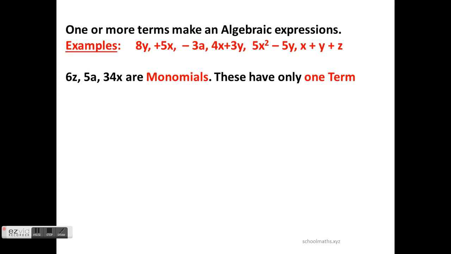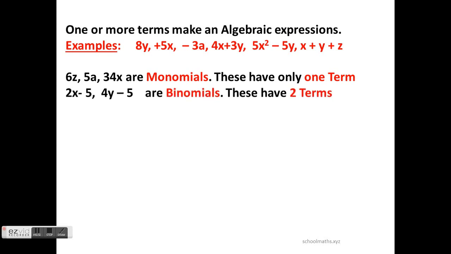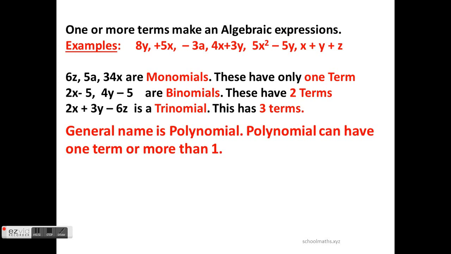Why monomials? Because they have got only one term. If they are having two terms, see here, 2x minus 5, 4y minus 5, these are all called binomials. Two terms binomial, one term monomial. Three terms means trinomial. General name is polynomial. Monomial, binomial, trinomial, all are polynomials.